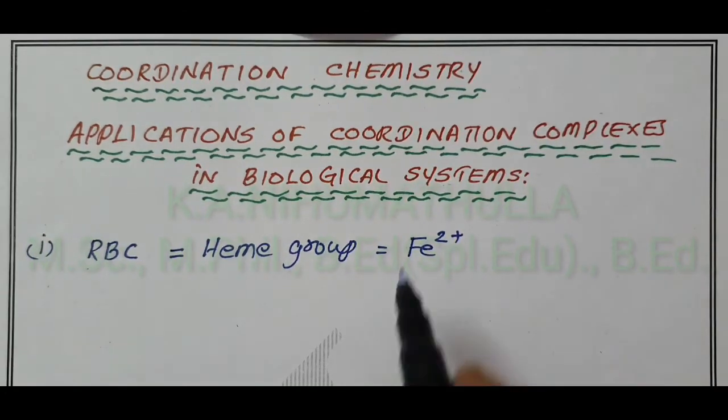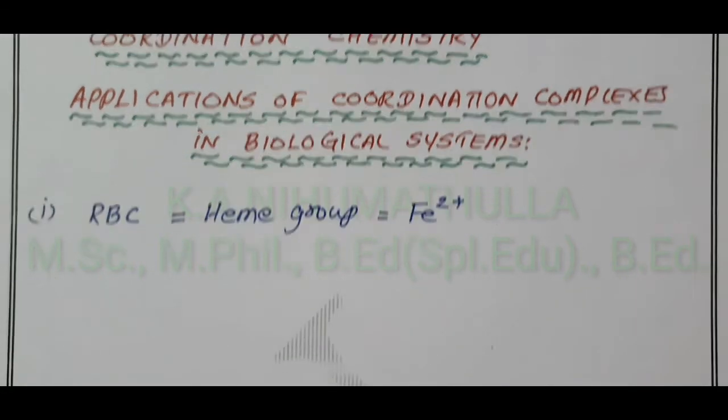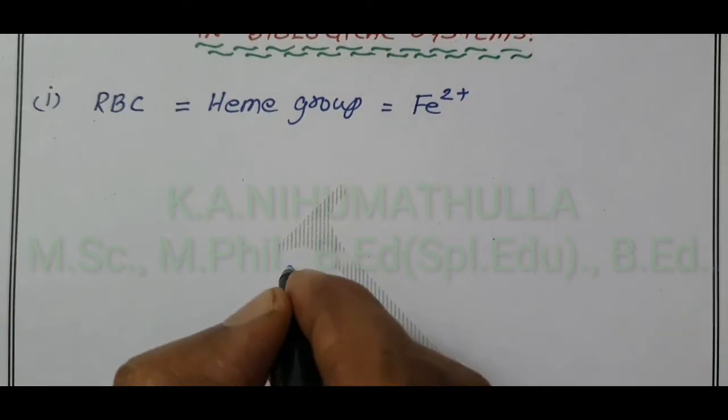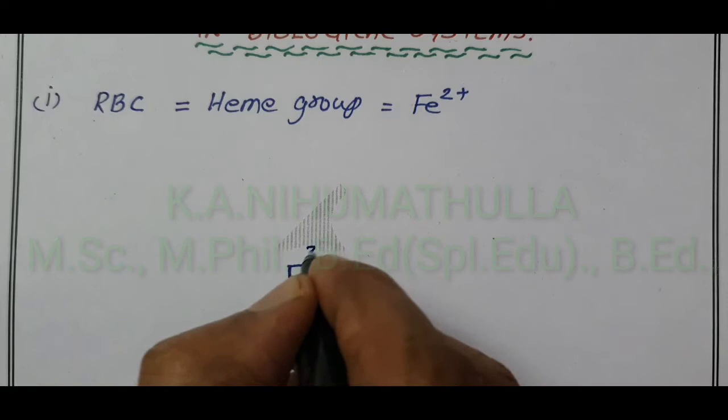The coordination number of Fe2+ ion is 6. The coordination number 6 indicates that there are 6 bonds around the central metal ion.